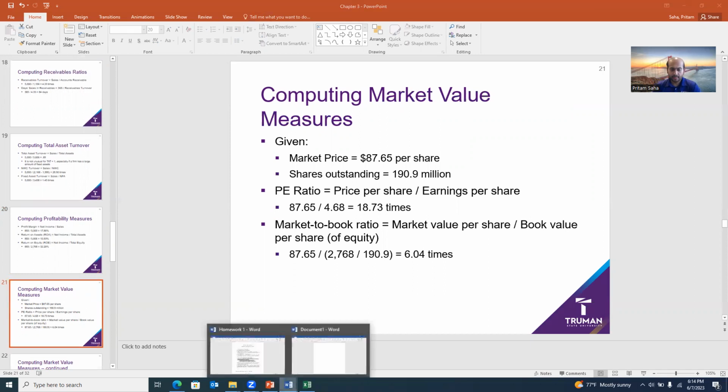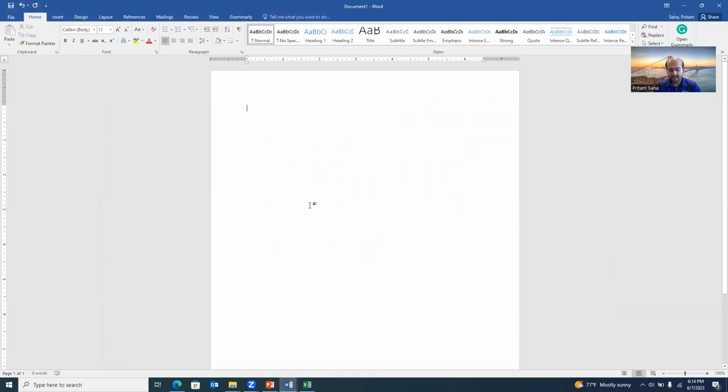When we say market price of firm, we basically mean market price of equity, which is represented by the stock price in the market.